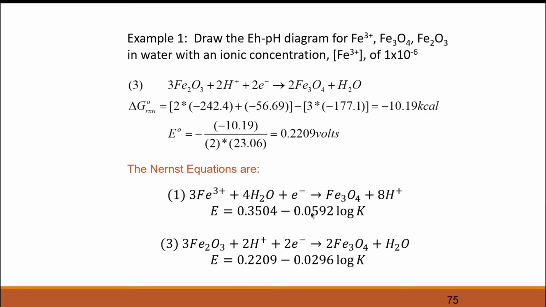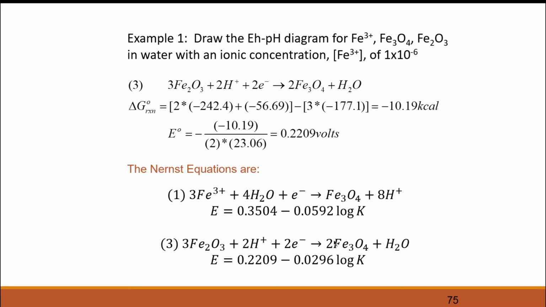So that's why 0.0592 divided by 2 gives us 0.0296 times the logarithm of K. Okay? So, notice that we did not use the Nernst equation for equation number 2, no? Because again, it has no electrons involved. So, if we were to use it, then the over N term here would just become undefined, no?